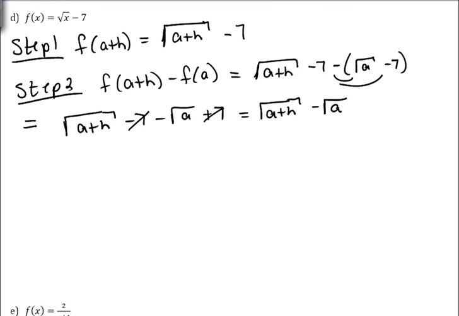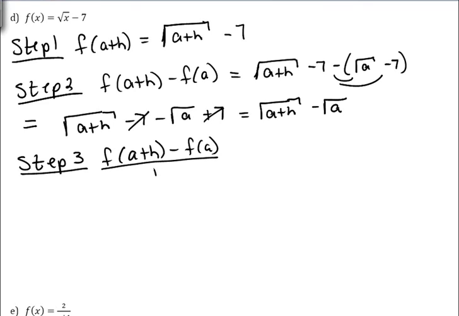Step 3 is to divide that expression that we just got by h. So f of a plus h minus f of a, all divided by h. So that's the square root of a plus h minus the square root of a, divided by h.